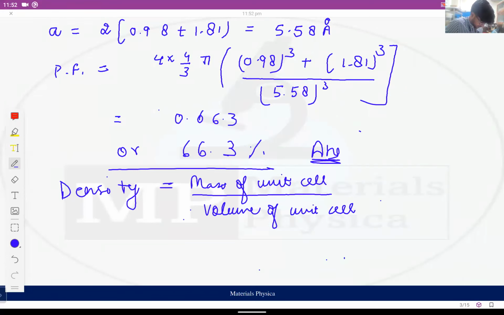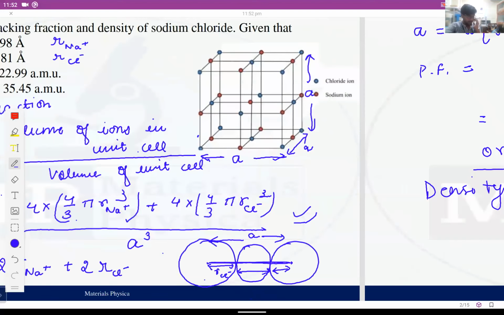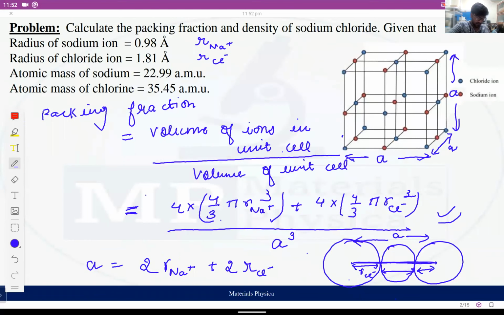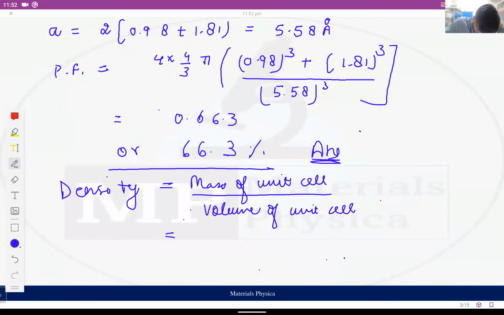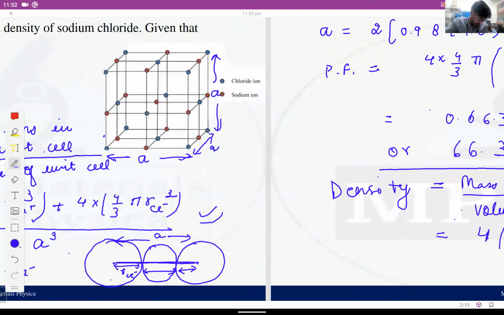Here we know the atomic mass of the sodium ion and the atomic mass of the chlorine ion. So in each unit cell we have 4 sodium ions and 4 chlorine ions. So the mass of the unit cell is 4 into the mass of the sodium ion, and the atomic mass of sodium is given as 22.99.